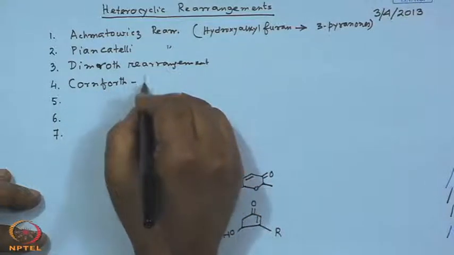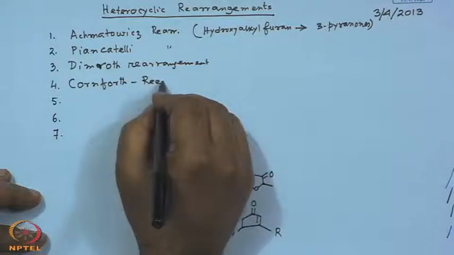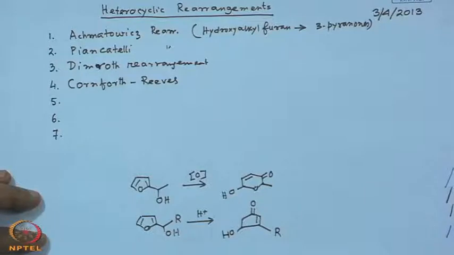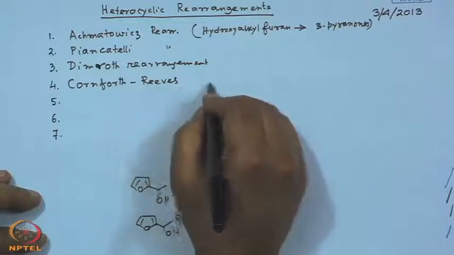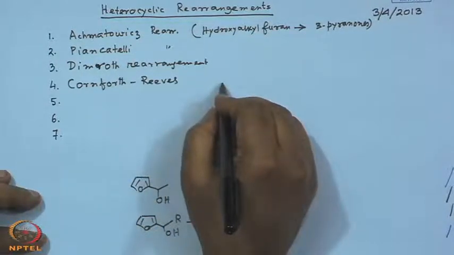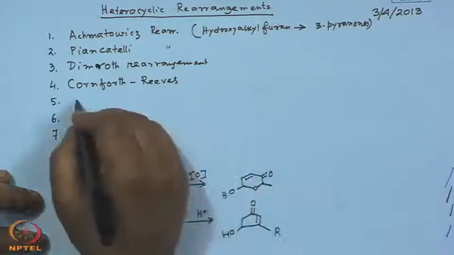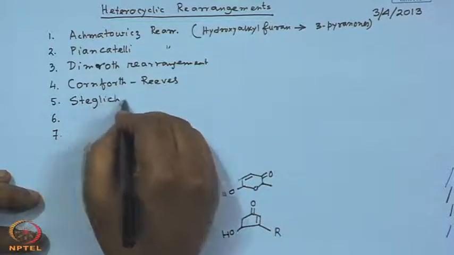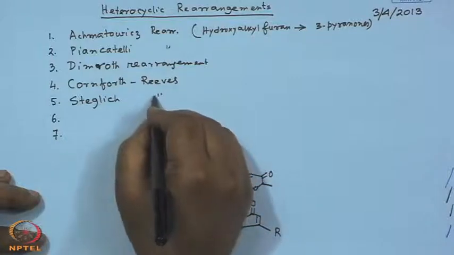I have named it Cornforth and Reeves, because Reeves has contributed quite a bit of chemistry to these rearrangements. Then there is a pretty simple chemistry called the Steglich rearrangement.